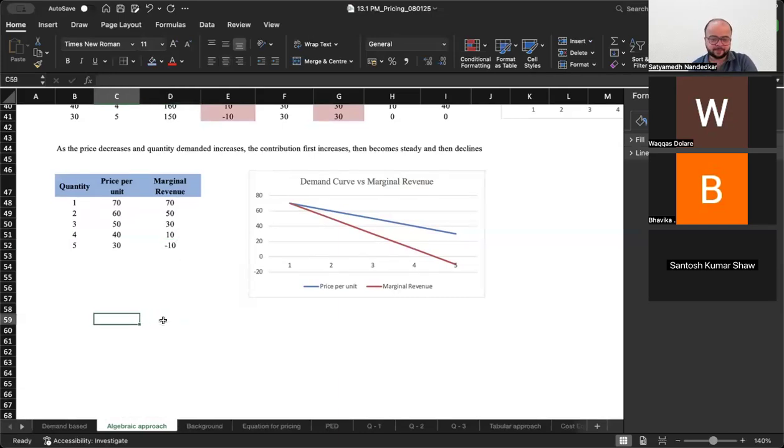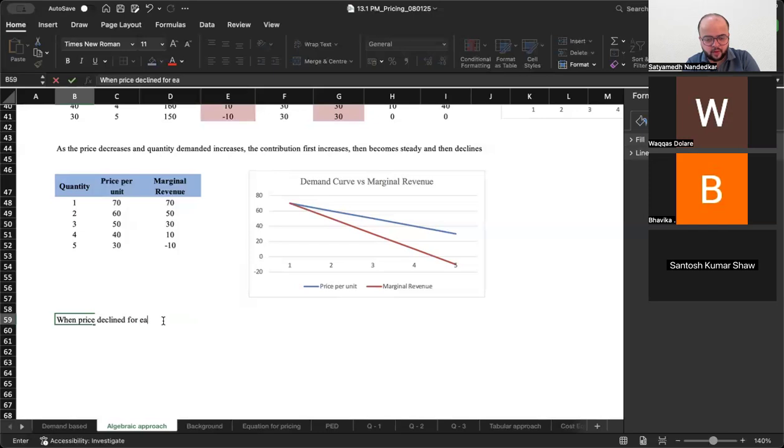सो यहां पे, when price declined at each step by 10, marginal revenue declined by 20.